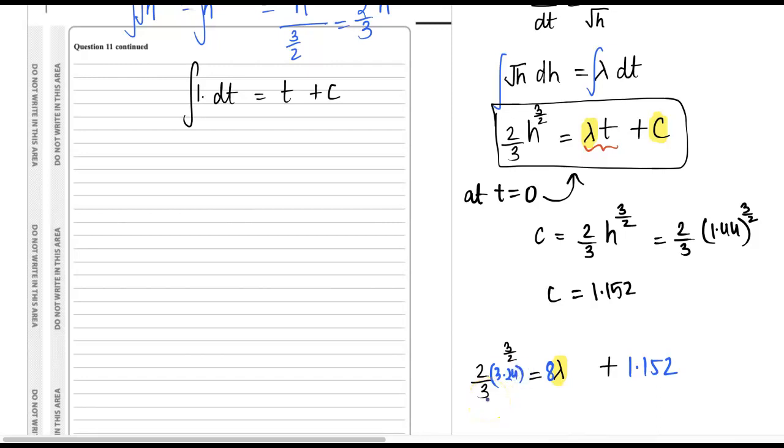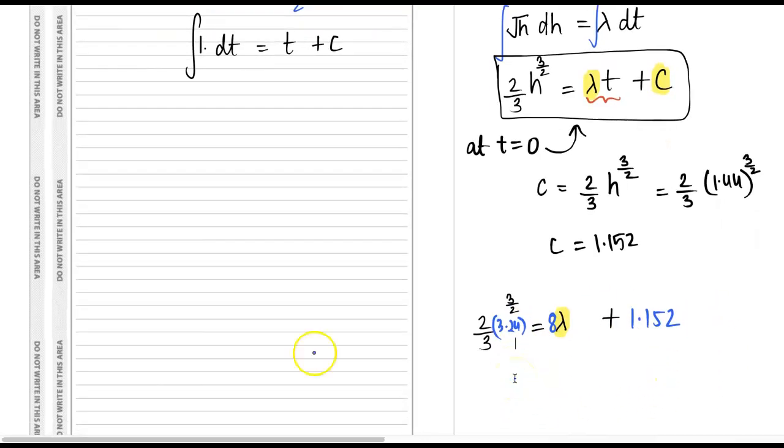So please solve this. 3.24 take away 1.152, divided by 8.